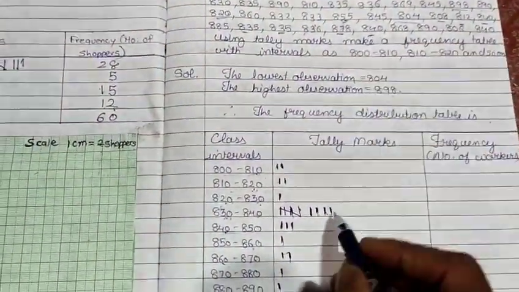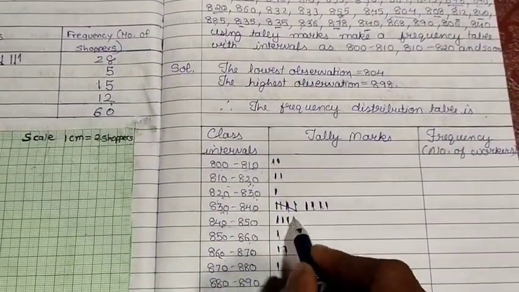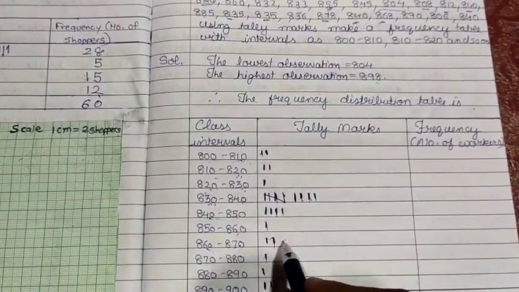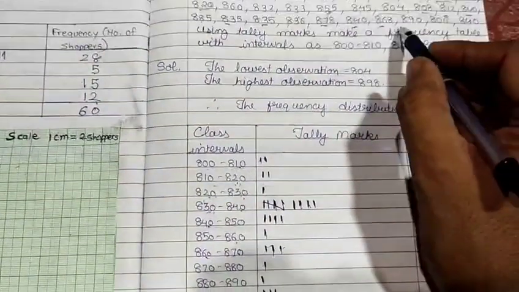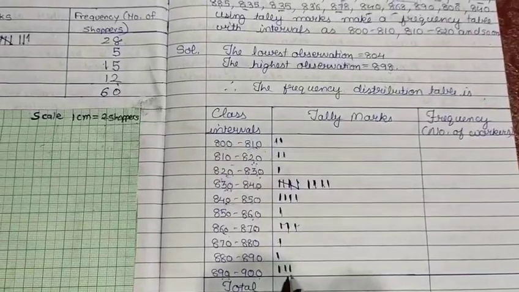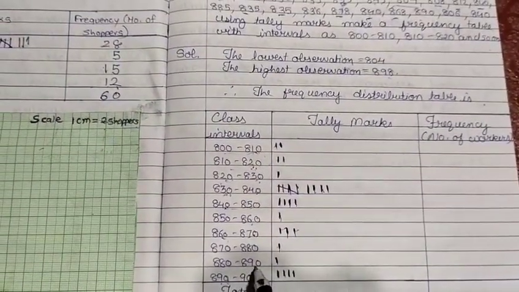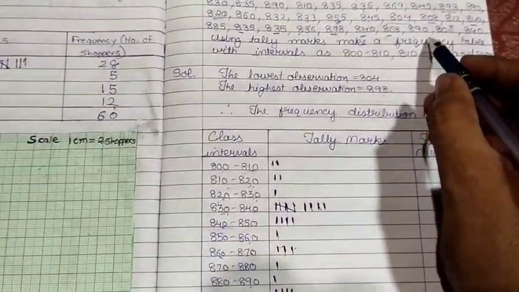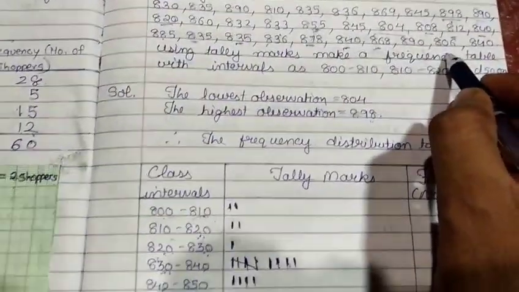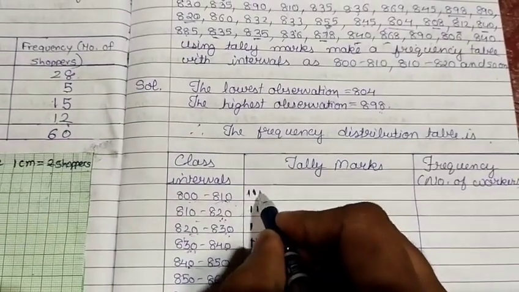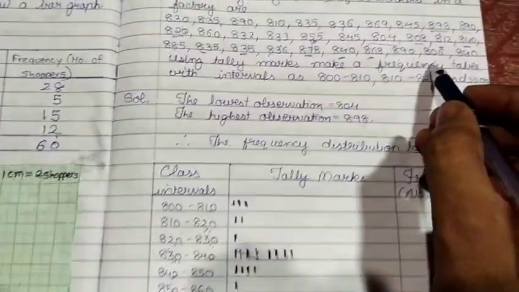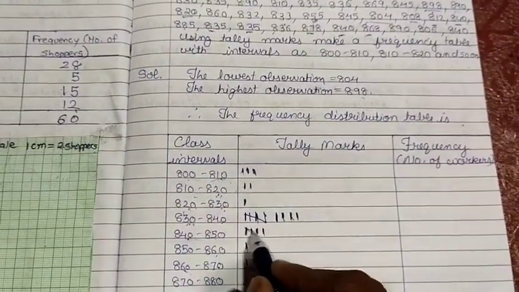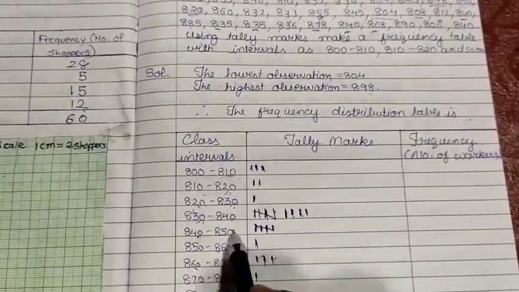Then 840 will come in this class. 868 will come in this class. Then 890 will come in your last class; as I told you, here you have to see till 889 only. Then 806 will come in your first class. Then finally 840 will come in 840 to 850.